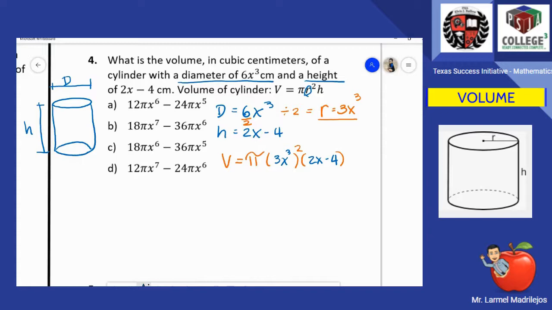PEMDAS, I'm going to start with parentheses here. So this means 3 times 3. That makes 9, x to the 3 times 2, it's going to be 6.